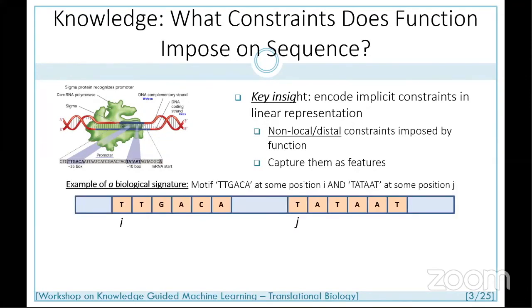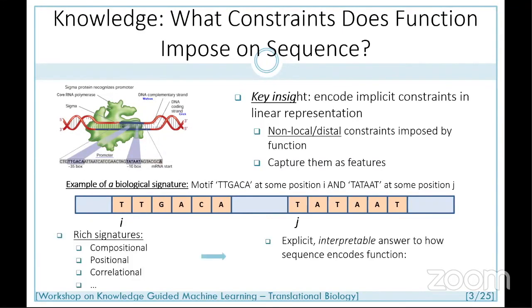So we had this inspiration that we can represent these biological signatures if we construct complex features, some of them, for instance, demanding the presence of 2 motifs in different positions. We call these correlational features, in addition to the more common features that everybody was putting together at the time, mainly compositional and positional features.